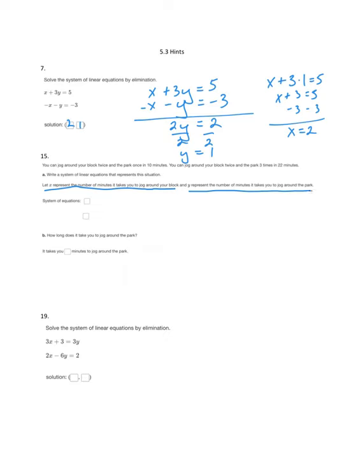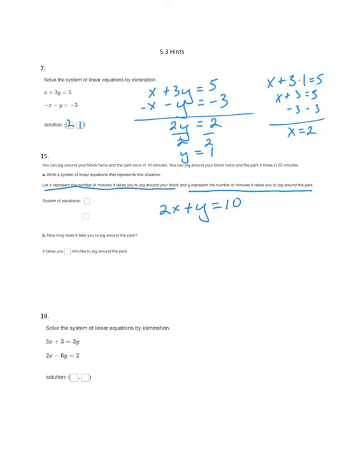So our first equation is you can jog around the block twice, so that's 2 times x, which is how long it takes to jog around the block, plus the park once, so 1 times y, or just y, and that equals 10. And our other equation is the block twice.